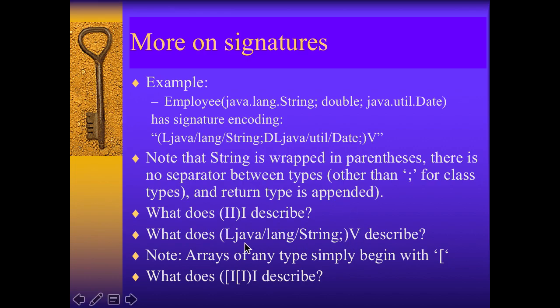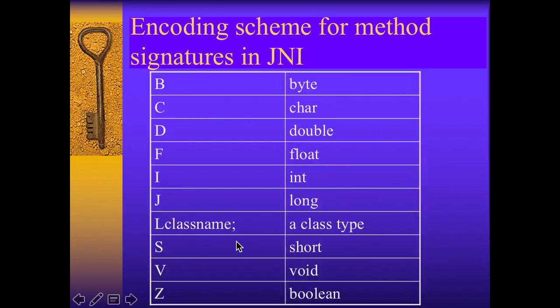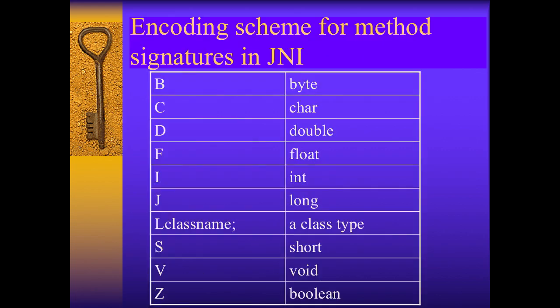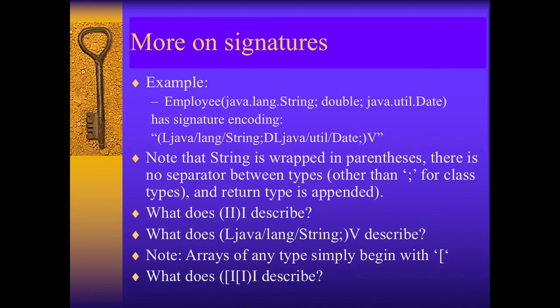When you see something like Ljava/lang/String, that means it's a reference data type. Here we see L/classname. So then we see, what does V describe? We look at V and we say void. So that means it's a string, and it's being used as an argument, and that the return value is void.